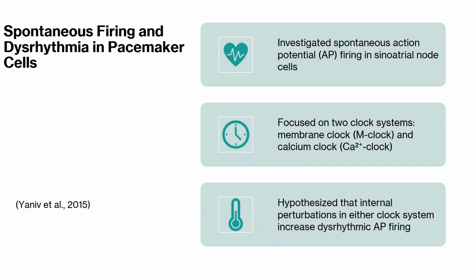The spontaneous action potentials produced by the pacemaker cells in the central node are the main subject of this investigation. These cells have two internal oscillatory systems: the calcium clock, also known as the Ca2+ clock, which is driven by the cell's regular calcium cycling, and the membrane clock, also known as the M clock, which is driven by ion channel activity.